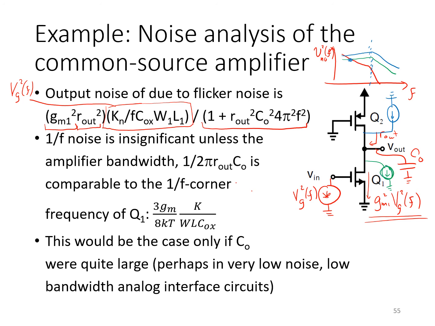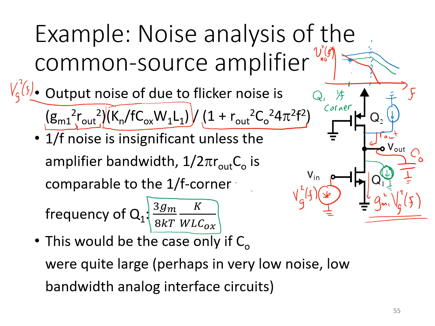So equating the two power spectral densities and solving for this frequency, called the 1/f corner frequency of Q1, gives an expression like this.